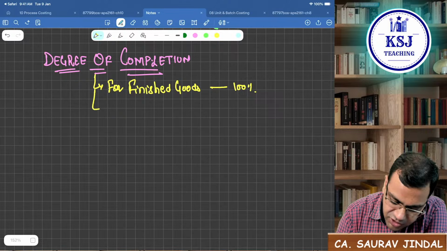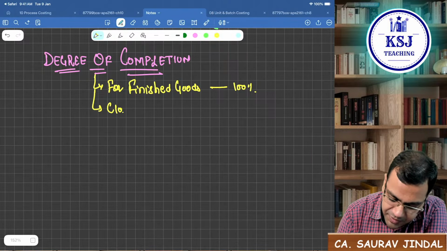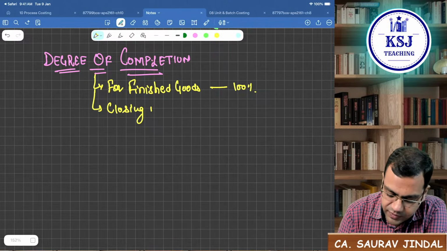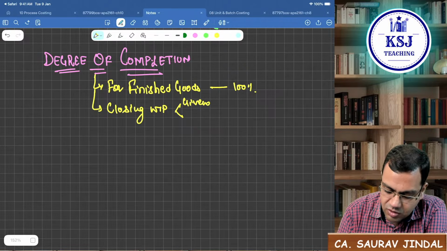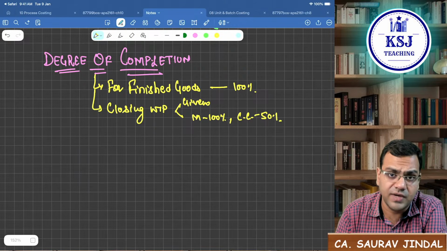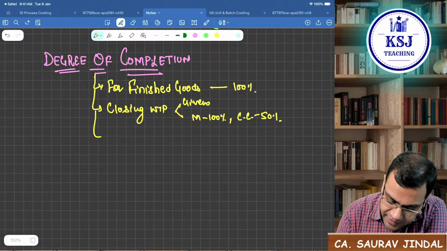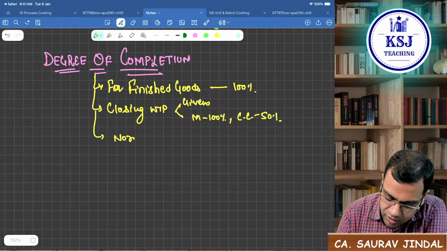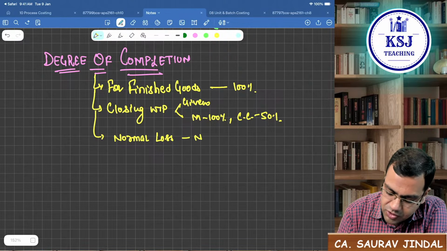Degree of completion for closing WIP, as I have discussed with you, either given or material as 100% and conversion cost as 50%. That is labor and overheads. Degree of completion for normal loss. Normal loss not required.